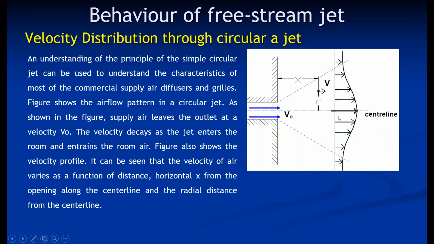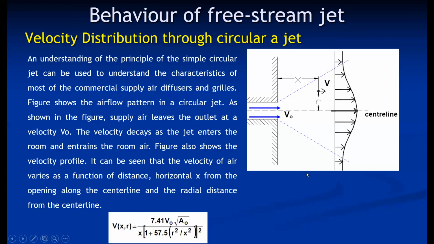So the velocity varies with distance x as well as the radius r. Obviously, at the center the velocity is maximum, and it decays in the r direction. So it decreases. The velocity at any location r can be estimated by this empirical expression.